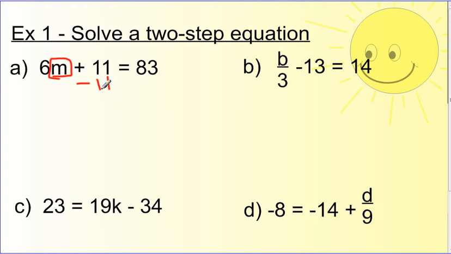That makes him go to 0. Subtract 11. What's left? Well, if we got rid of this piece, we still have a 6m. And on this side, we have 72. That was step 1. We got rid of the thing that was being added or subtracted. It's another term. By doing the opposite.